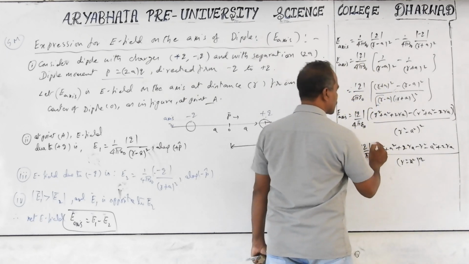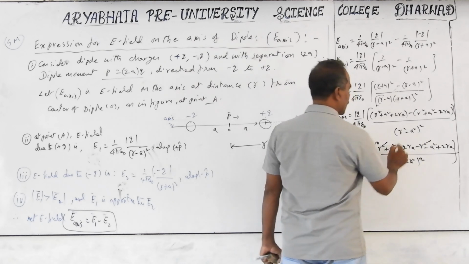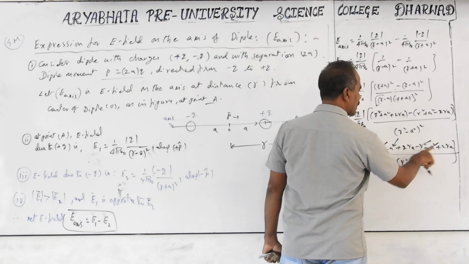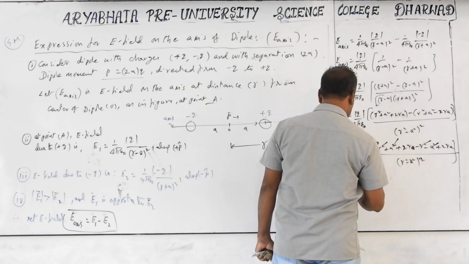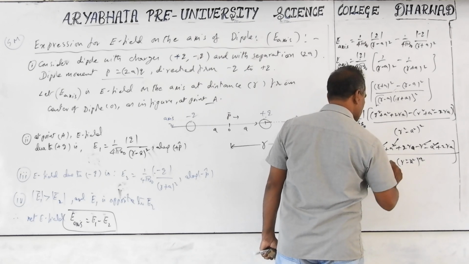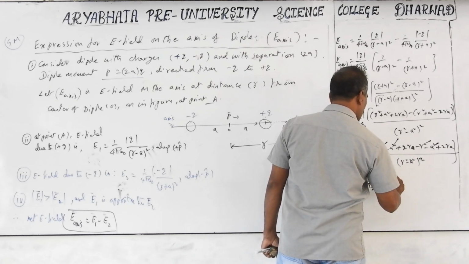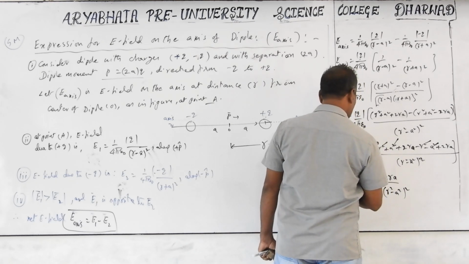In this numerator part we can cancel r square with r square, and a square with a square. Remaining is 2ra plus 2ra, which is 4ra. So E axis equals q by 4 pi epsilon naught into 4ra by r square minus a square whole square. This is the result.